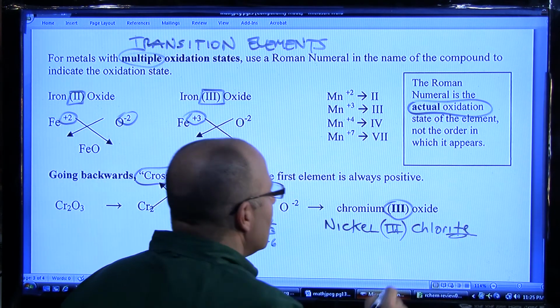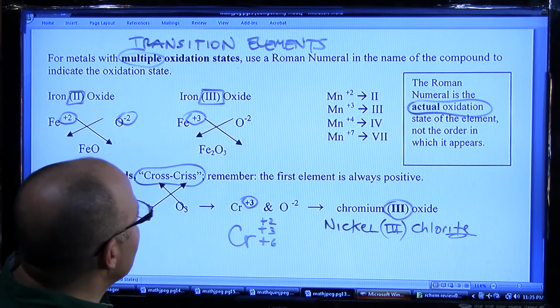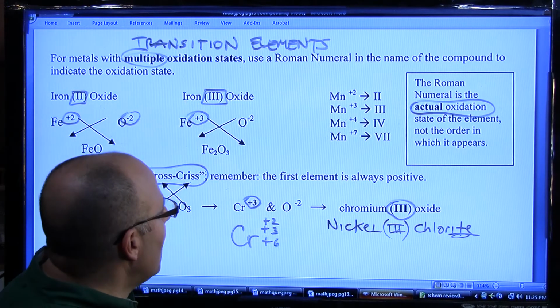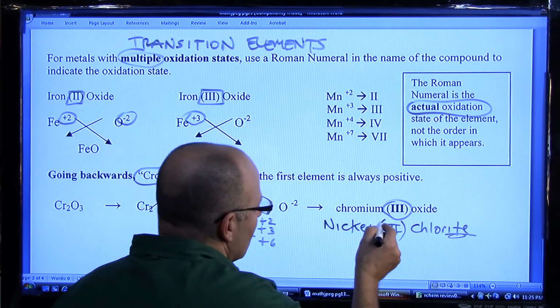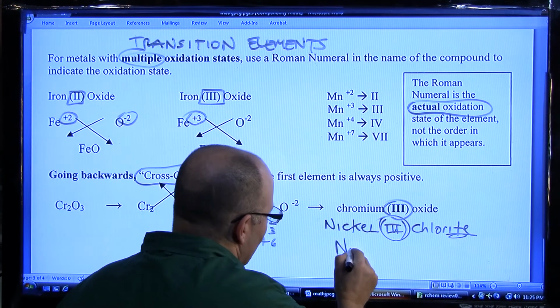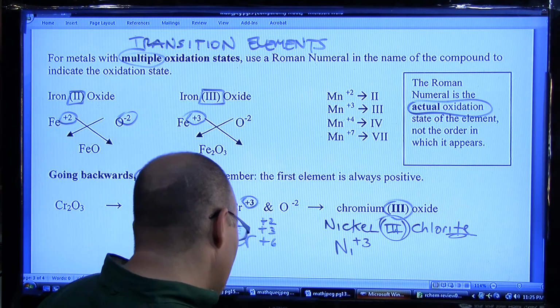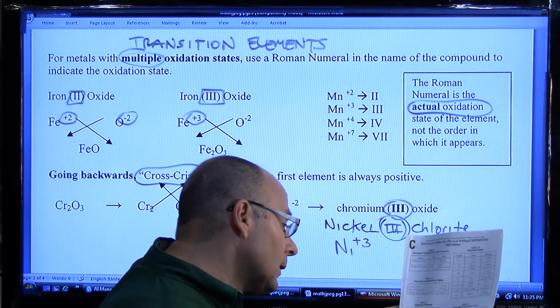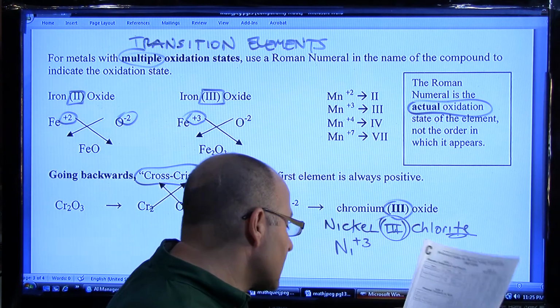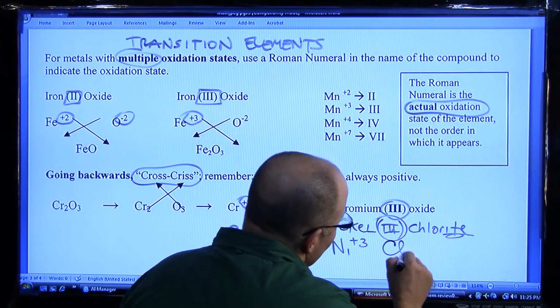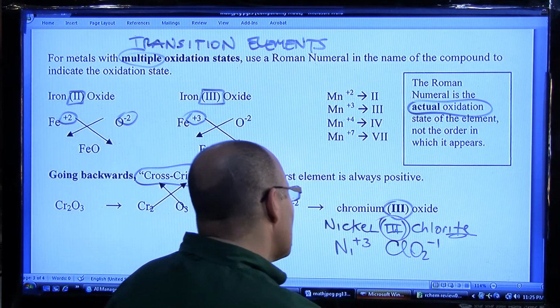Again, that ITE is telling you to go to table E, look up that polyatomic ion. The nickel 3 is nickel +3. The chlorite, not to be confused with the chlorate or the others in that series, is ClO2 -1, of course.